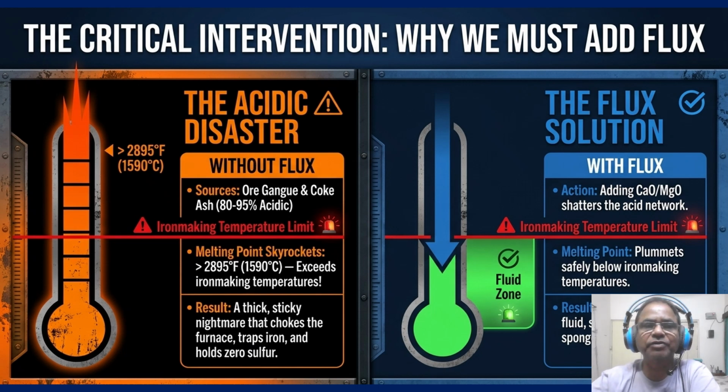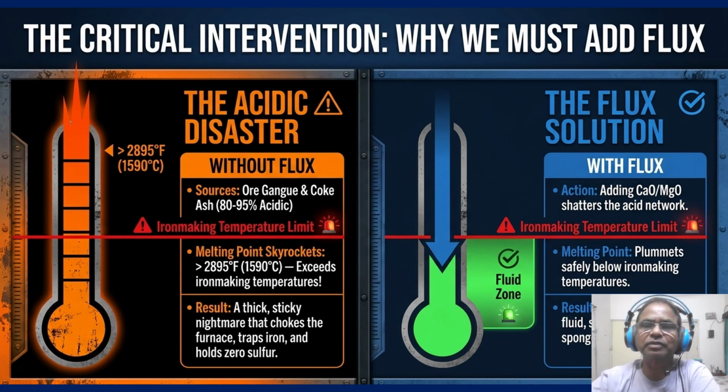The composition is 75 to 85% silica, almost pure acidic. That means a melting point of more than 2895 degrees Fahrenheit, that is 1590 degrees centigrade, higher than the hottest part of the furnace. As for viscosity, 10,000 poise, that's like cold molasses mixed with sand.